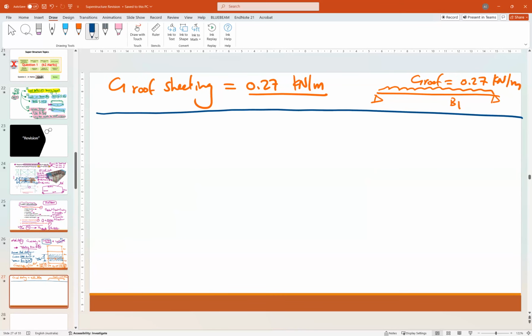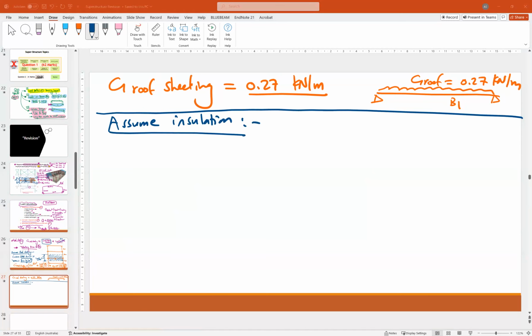Second component, we need to assume insulation. Because nothing is given, I will assume every parameter. It is not given doesn't mean it is not existing, guys. So we need to assume if it is not given.